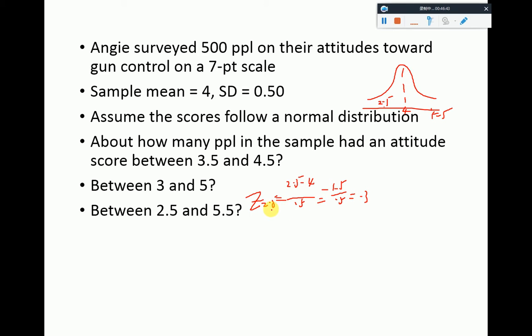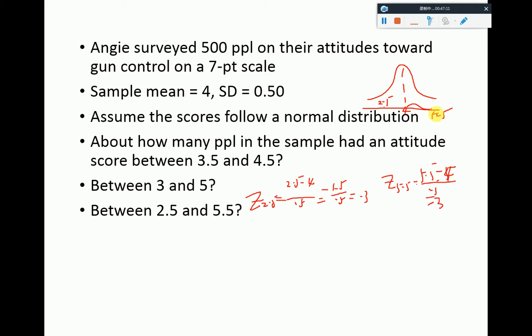That means 2.5 will be 3 standard deviations below the mean. What about 5.5? So 5.5 minus 4 divided by 0.5, that's 3. So that means 5.5 is exactly 3 standard deviations above the mean.